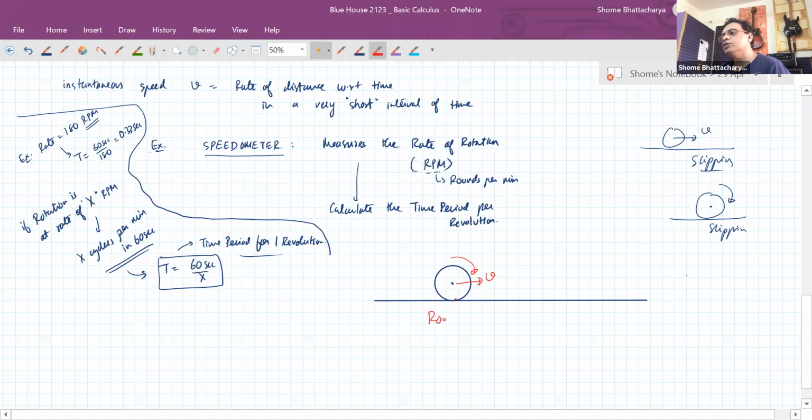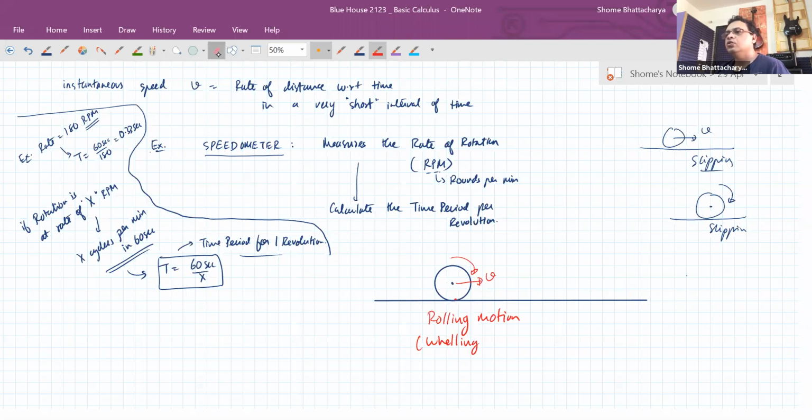So rolling motion is the motion that the wheel is doing, unless it is slipping because we have jammed on the brakes too hard, or we are starting at a position where the soil below is very loose, so it's not able to grip. There isn't sufficient friction. So instead of rolling, it is slipping on the surface. Okay.